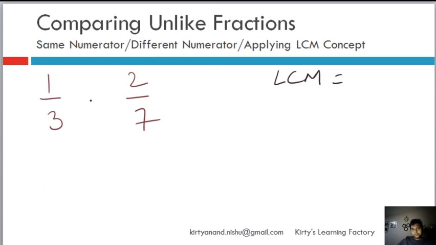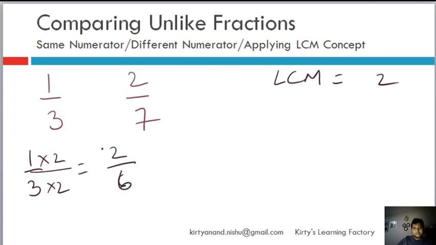The LCM of 2 and 1 will be 2. So 2 is 2, no problem. So we leave this as 2 by 7. If I have to convert the numerator of 1 by 3 to 2, then I have to multiply by 2 and 2, and this becomes 2 and this becomes 6. So now my fractions are 2 by 6 and 2 by 7.